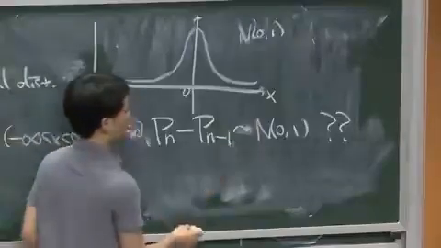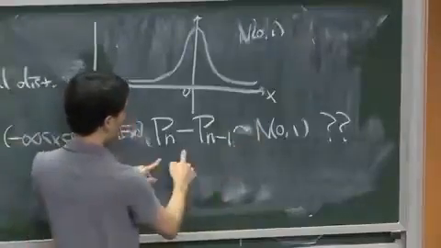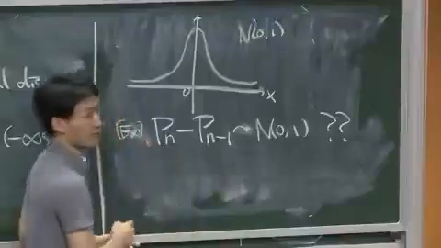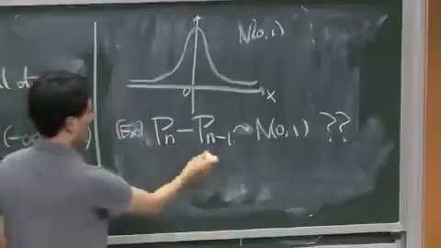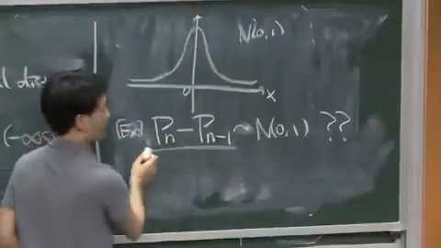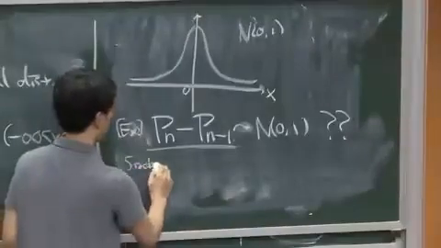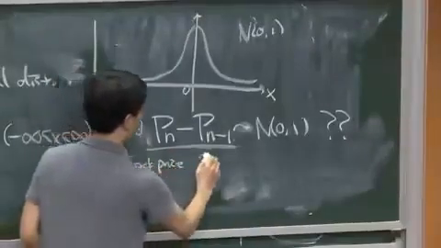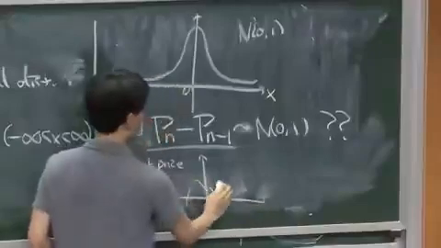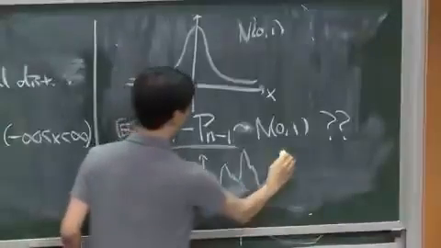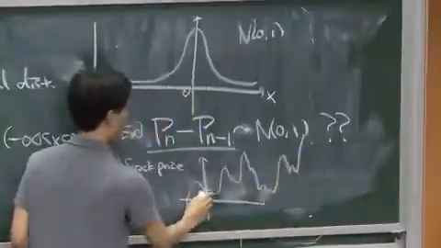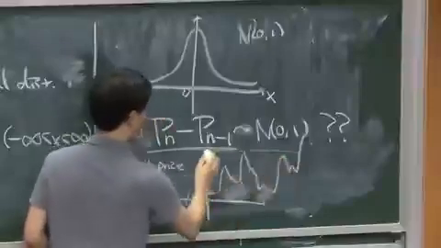You can model it like this, but it's not a good choice. There might be several reasons, but one reason is that it doesn't take into account the order of magnitude of the price itself. Let's say you have a stock price, and say it was $10 here and like $50 here.